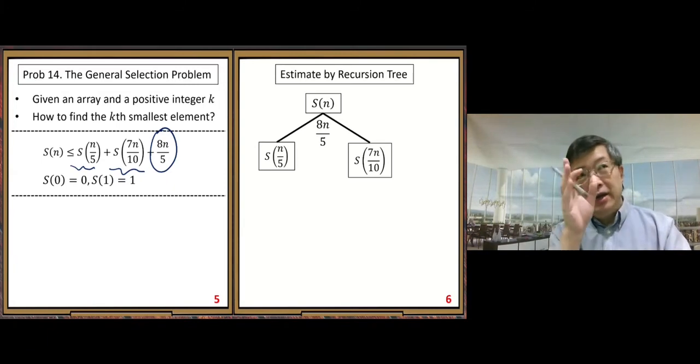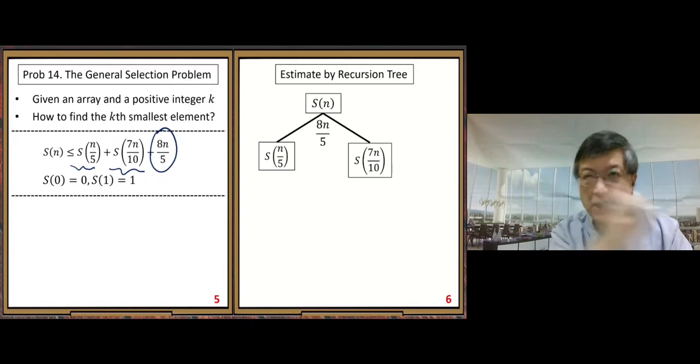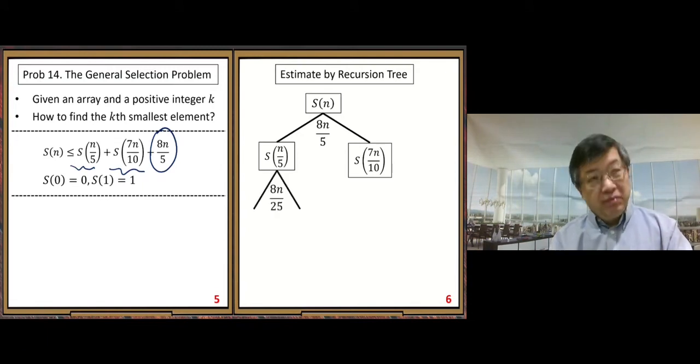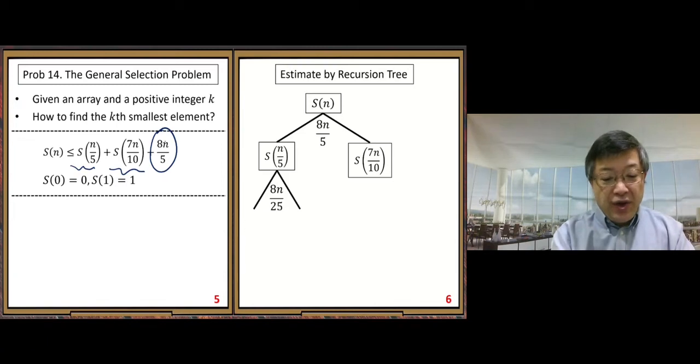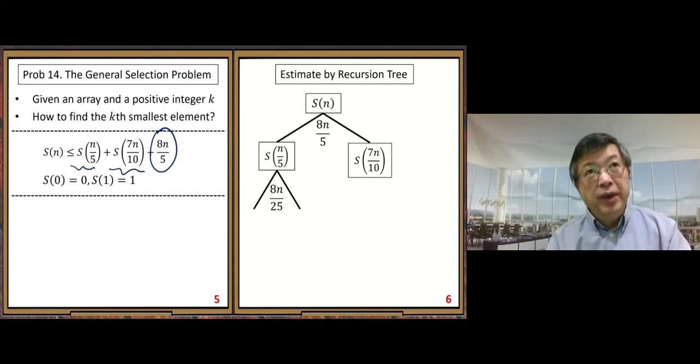Second level. Here is the key, let's estimate the second level non-recursion part. Here you may ask the question, how do we get the non-recursion term for each level?